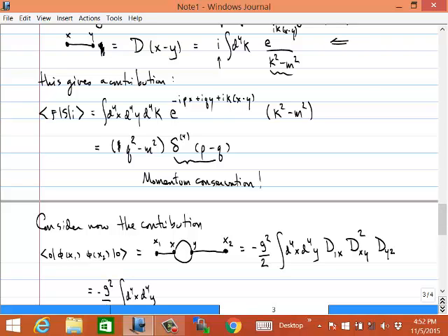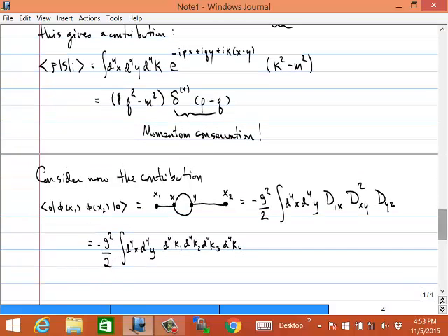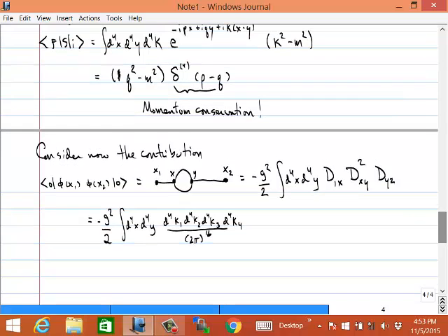Now we have 4 propagators, so we're going to get 4 different momenta. So I'll call these d4k1, d4k2, d4k3, and d4k4. So you get those factors of 2 pi associated with each one of those momentum integrals.